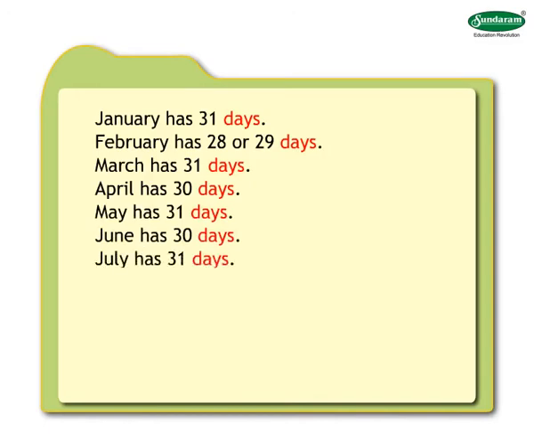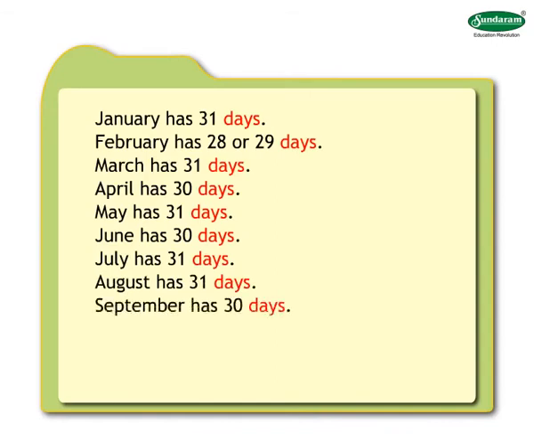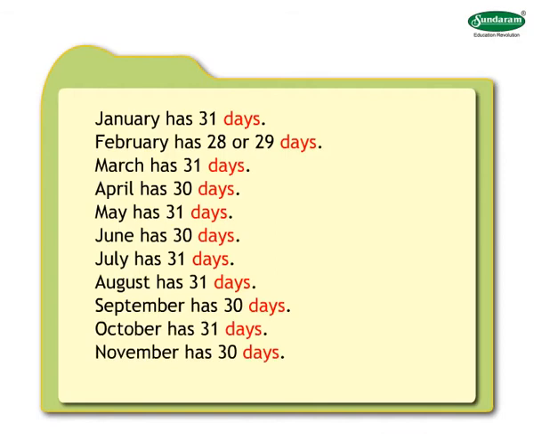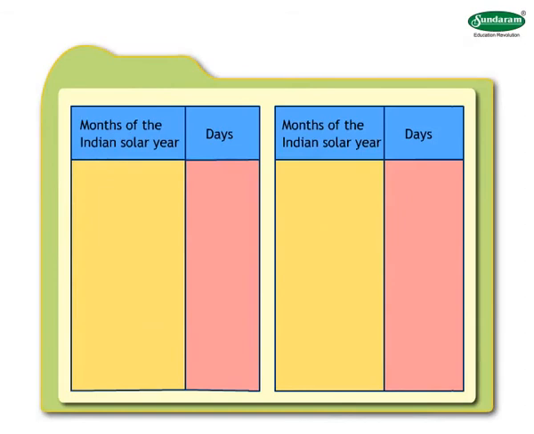July has 31 days. August has 31 days. September has 30 days. October has 31 days. November has 30 days. December has 31 days.